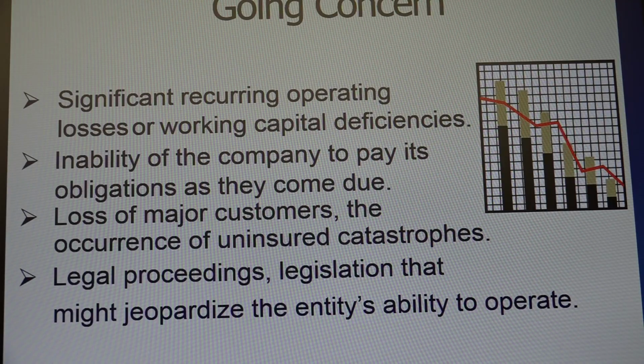Those things kind of go hand in hand. Loss of major customers, the occurrence of uninsured catastrophes. And last but not least, legal proceedings, legislation that might, well, either one of these, bottom line is they might jeopardize the entity's ability to operate in the future.